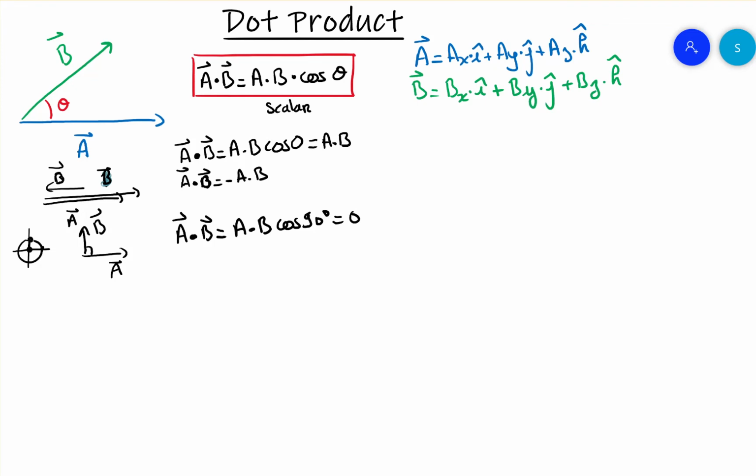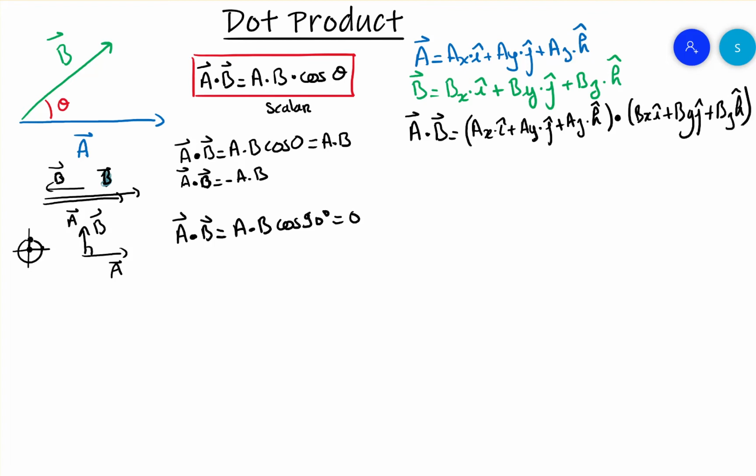We know both vectors. So if we take the dot product A dot B, it will be (Ax i hat plus Ay j hat plus Az k hat) dot (Bx i hat plus By j hat plus Bz k hat). I know it's long and it will be much longer.